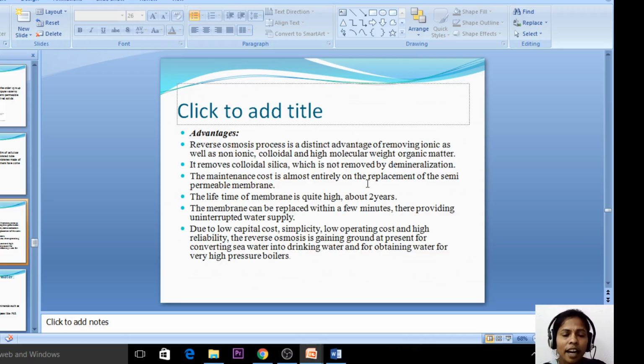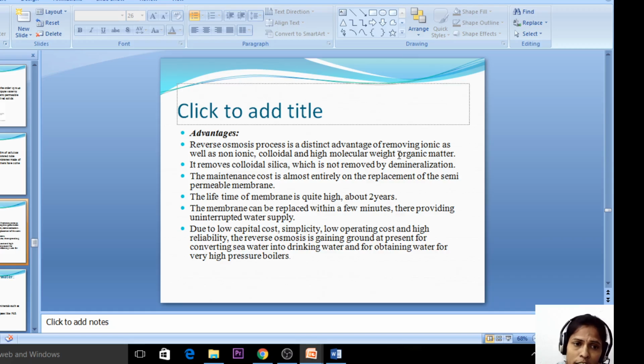Now let us see what are the advantages and the disadvantages of the reverse osmosis process. Reverse osmosis has a distinct advantage of removing ionic as well as non-ionic, colloidal and high molecular weight organic matter. So it is removing the impurities.